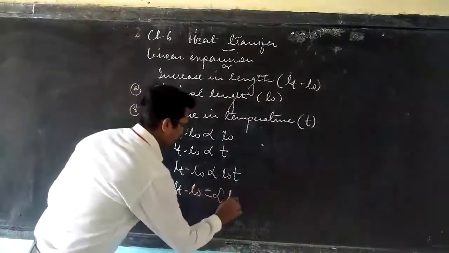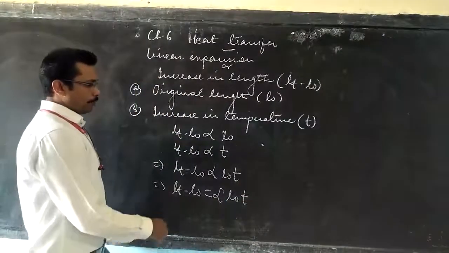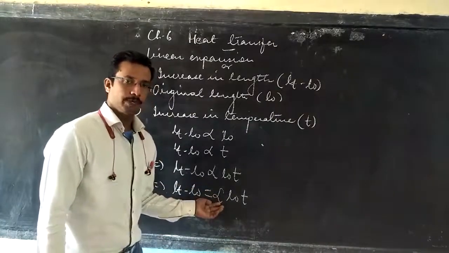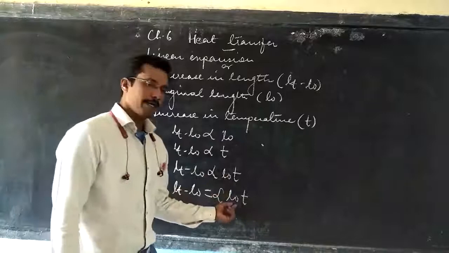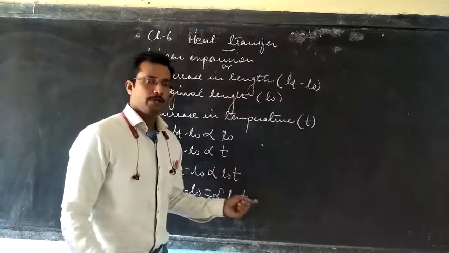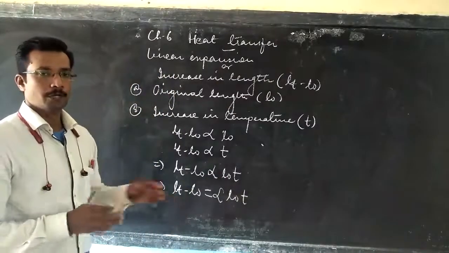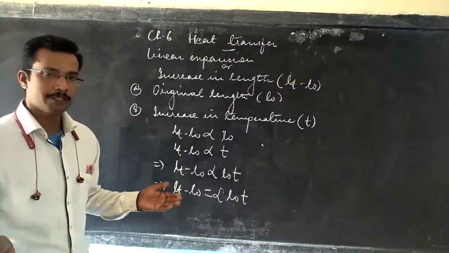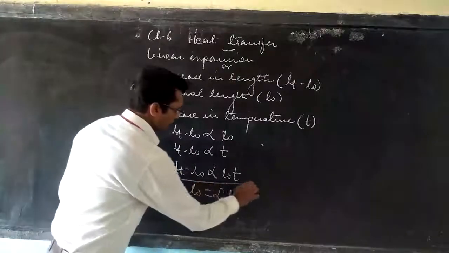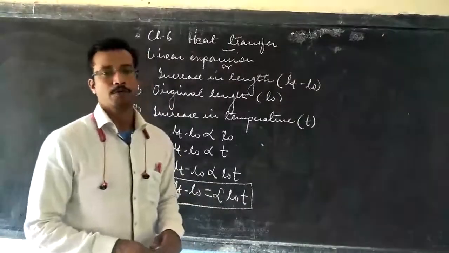And then we have LO into T. So if we know the coefficient of linear expansion of a rod, of a material, its original length, and the increase in temperature, we can calculate the increase in the length of the rod. Means how much the length of the rod will increase, we can easily calculate using these three values. So this becomes a formula to find out the increase in the length of a rod.